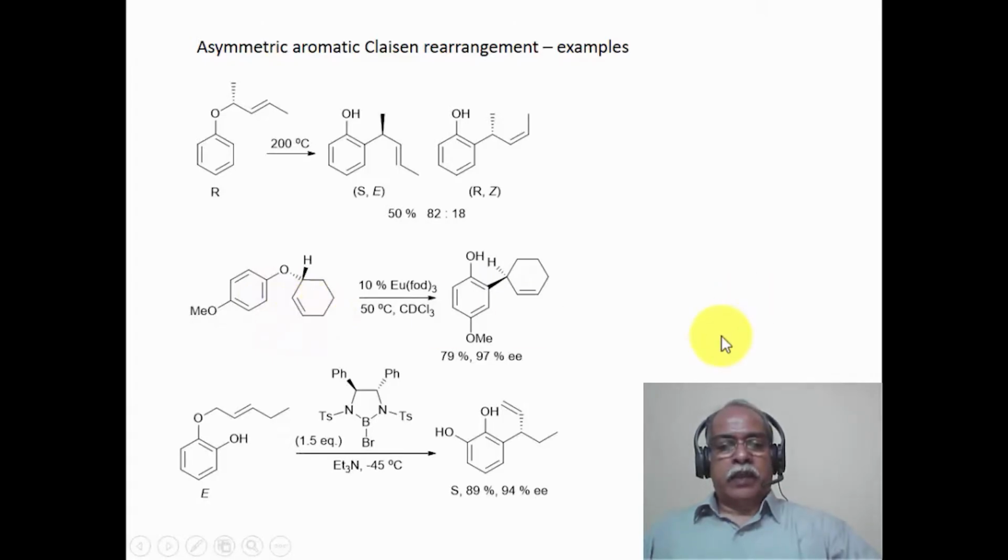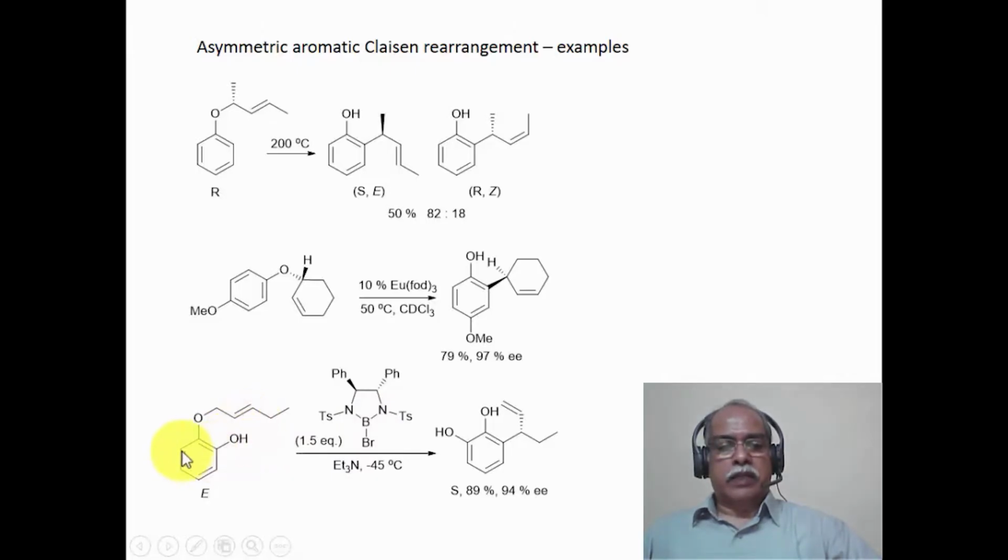position. Now here the boron reagent is used as a Lewis acid, specifically 1.5 equivalents of this Lewis acidic compound. You can see here the Lewis acid is a chiral Lewis acid, so it is actually a chiral Lewis acid catalyzed reaction. This probably forms initially a boronate ester using this particular phenolic OH, and the free phenolic OH is what is generated here.